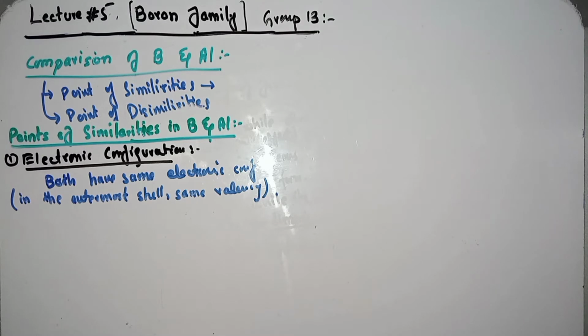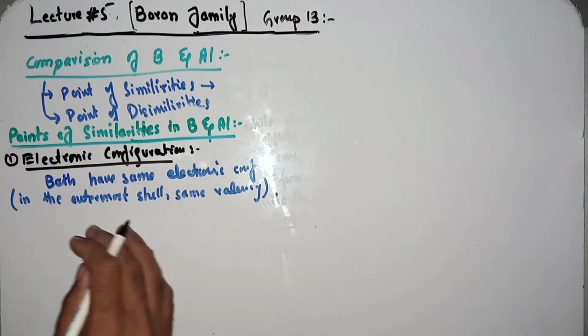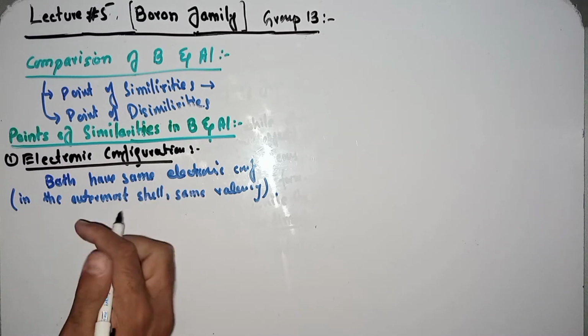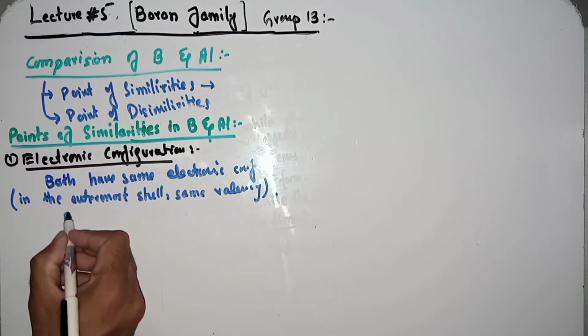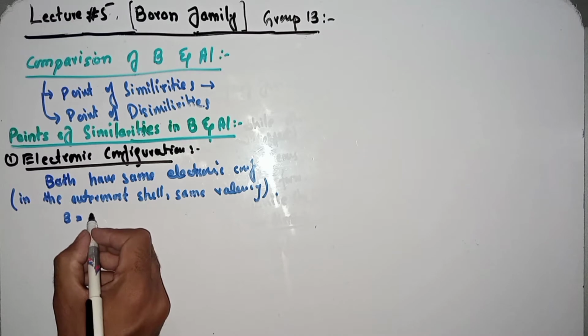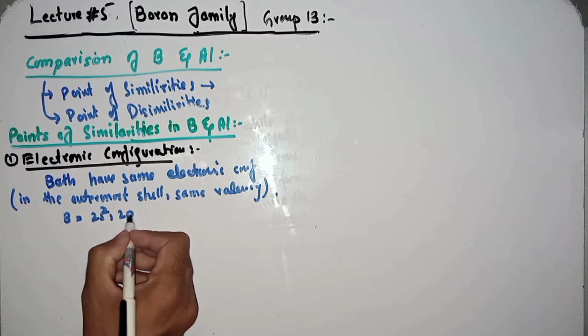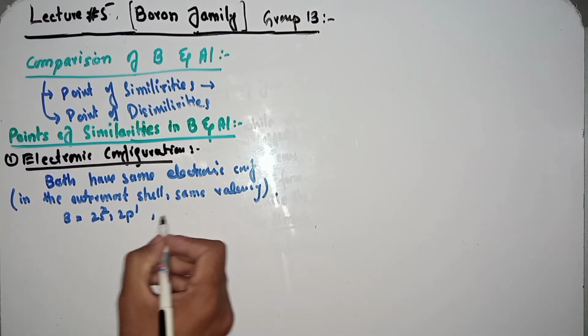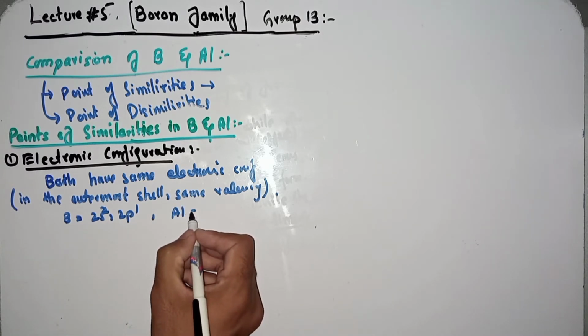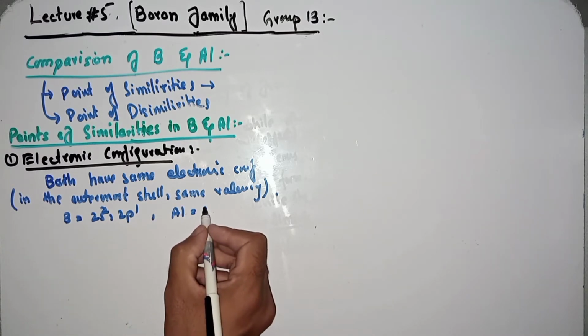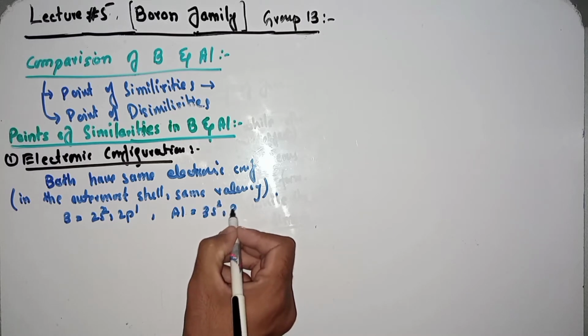This is the electronic configuration in both cases, in aluminum and in boron. For boron, the electronic configuration of the valence shell is 2s2 2p1. For aluminum, the electronic configuration of the valence shell is 3s2 3p1.